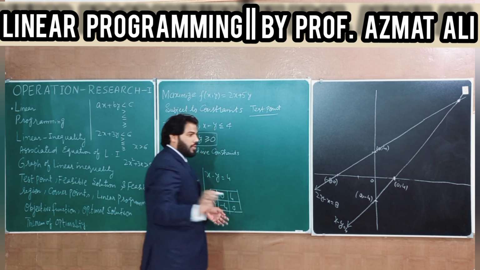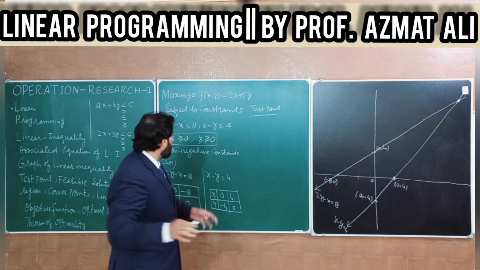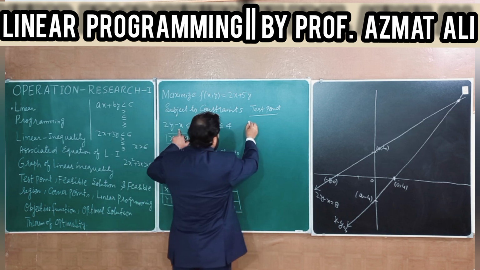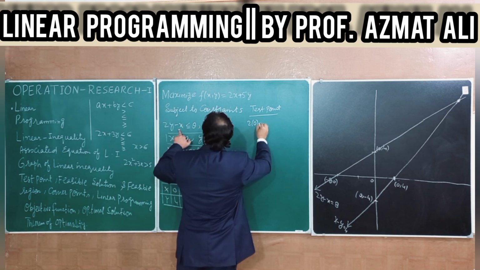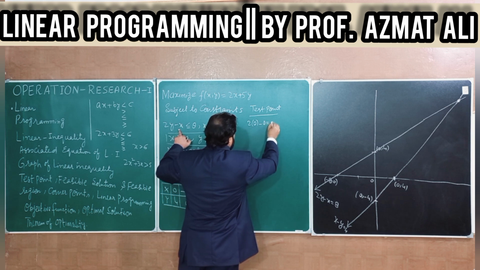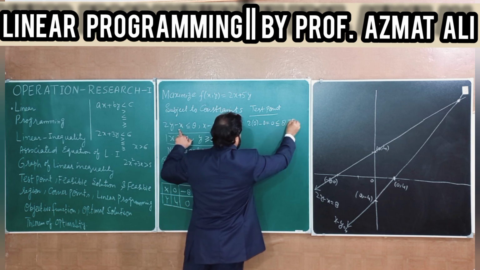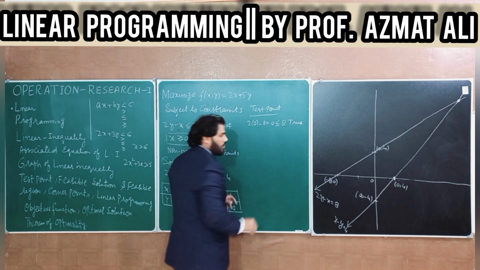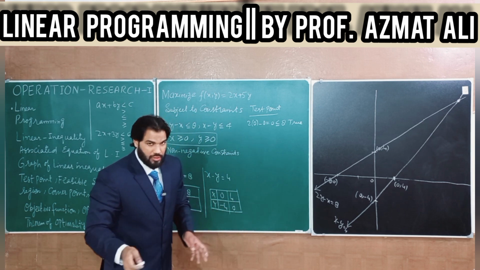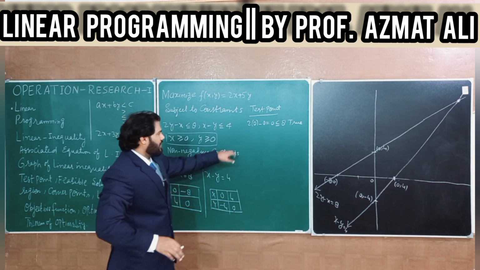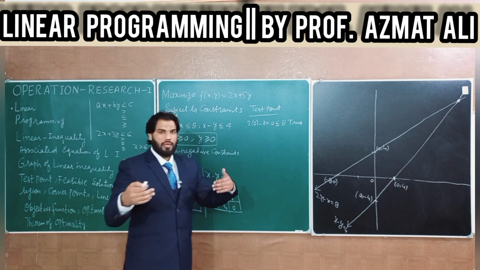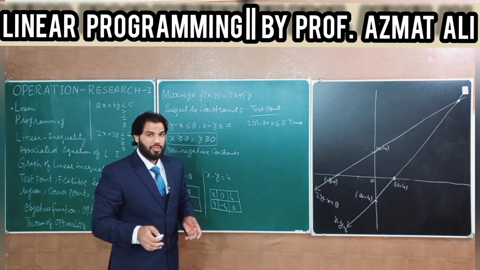By putting x = 0, y = 0 in the first inequality, 2 times 0 minus 0 is equal to 0, which is less than or equal to 8. This is true. When we put x = 0, y = 0 in the first inequality, your answer is 0, which is less than the right side of the given inequality.